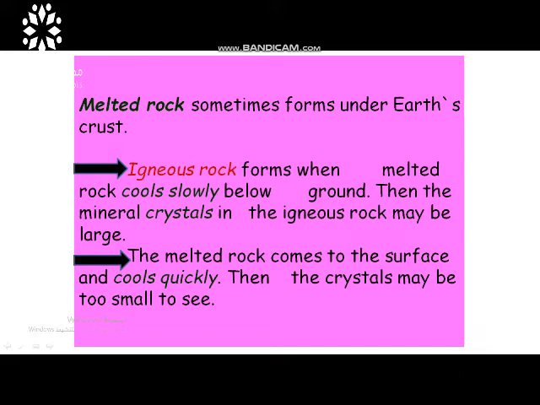So when I ask you how igneous rocks form: they form when melted rocks cool slowly below ground, and then the mineral crystals may be large. But when melted rocks come to the surface and cool quickly, the crystals may be too small to be seen.